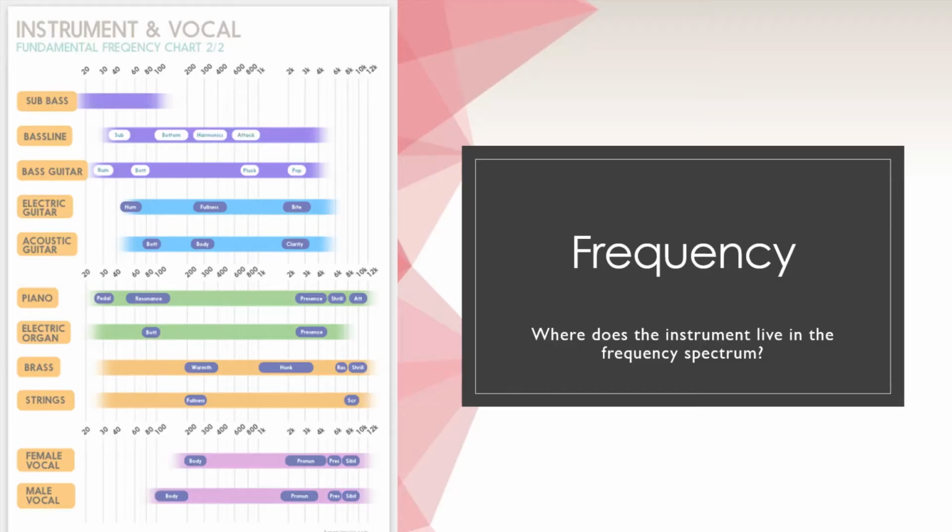Another way that you can create separation between elements is frequency. So every sound that we hear is between 20 and 20,000 hertz. And in my last example, I was talking about stereo panning and how elements may sound really similar in terms of timbre and loudness. When I'm talking about frequency, I'm mostly talking about timbre.